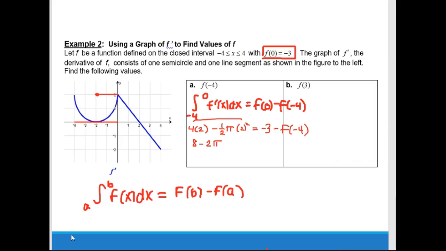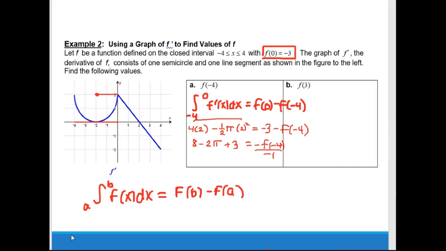This problem is different from the example above, because in the example above, g of 0 was 0. Now, f of 0 is not 0, so that's my initial condition. So now you have to apply the fundamental theorem of calc. So we're going to add 3 to the other side, leaving me with negative f of -4.